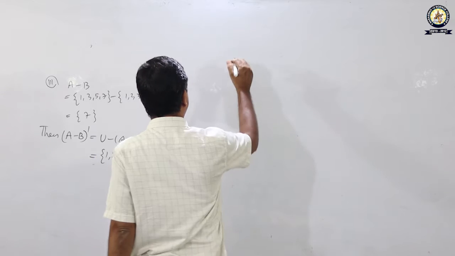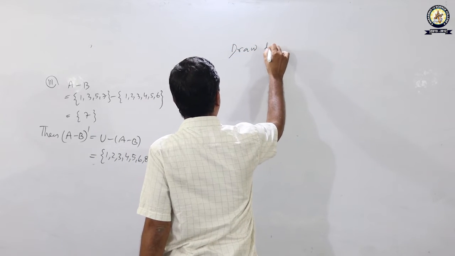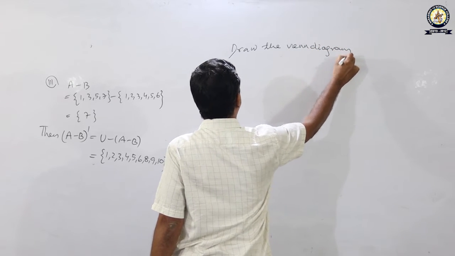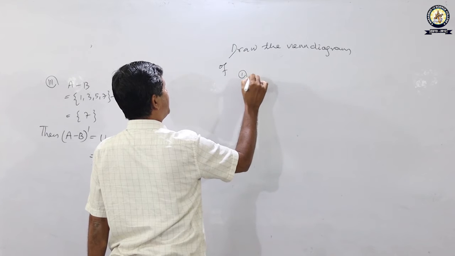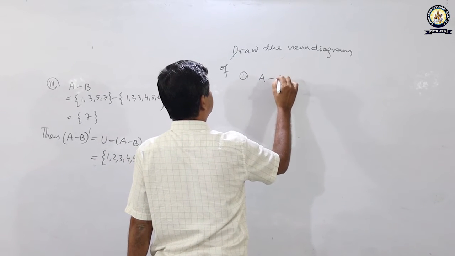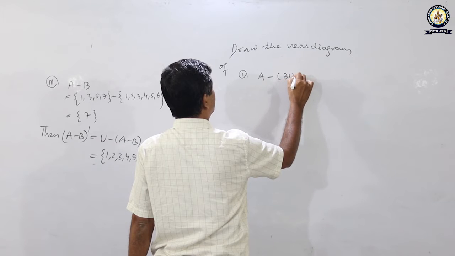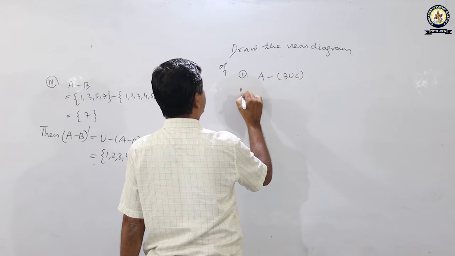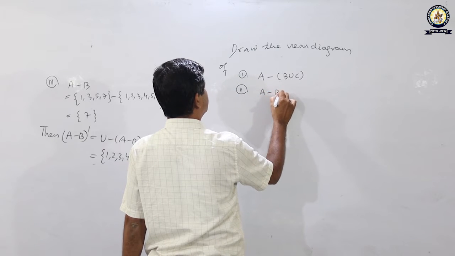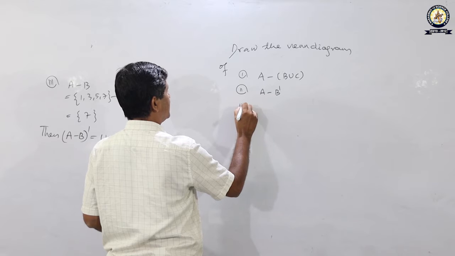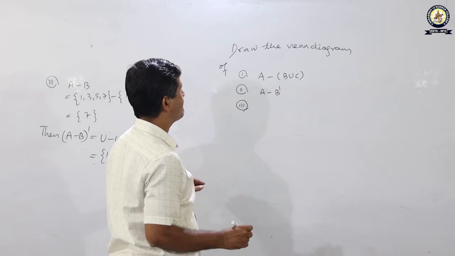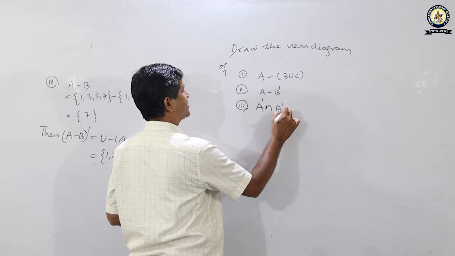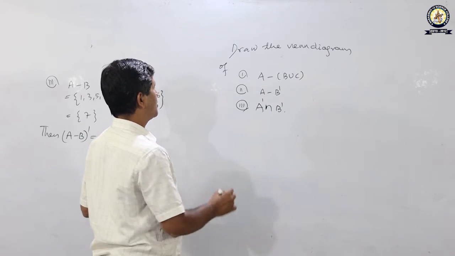Draw the Venn diagram of: first, A difference (B union C); second, A difference B dash; third, A dash intersection B dash. Come to the first bit.